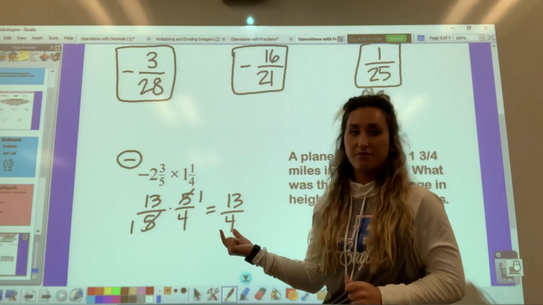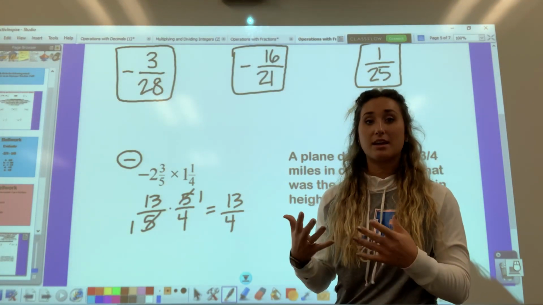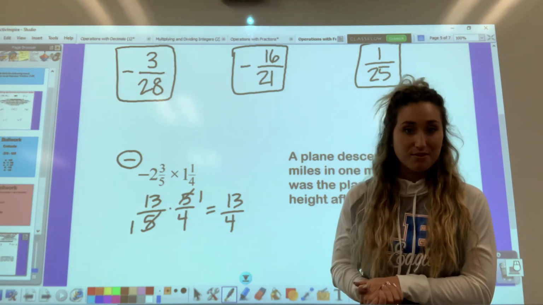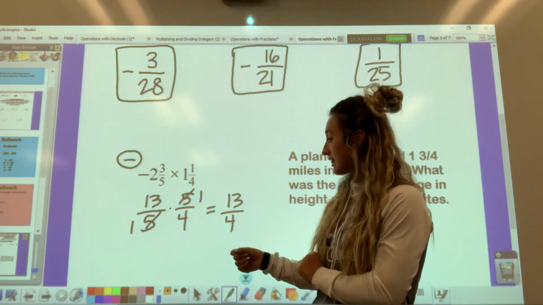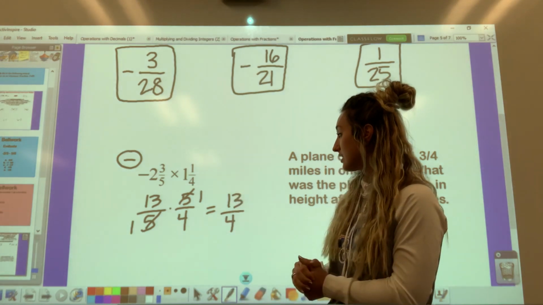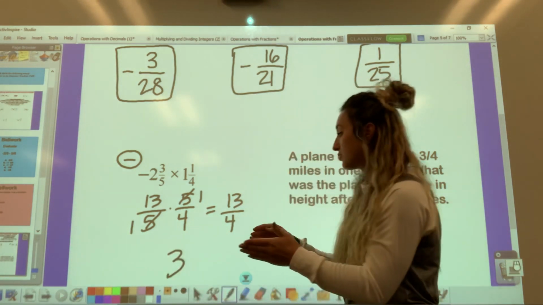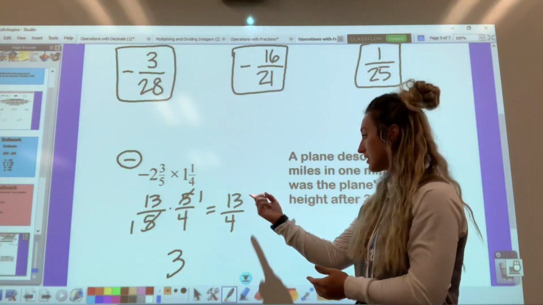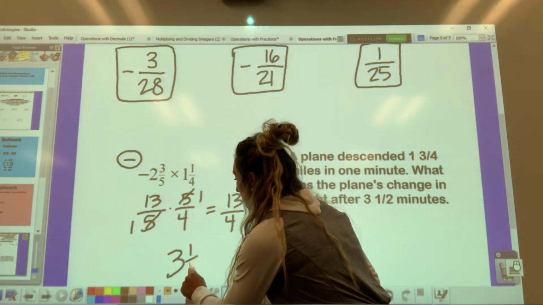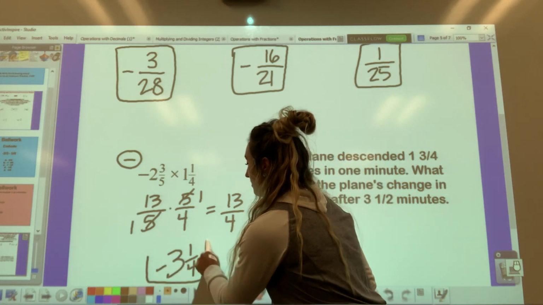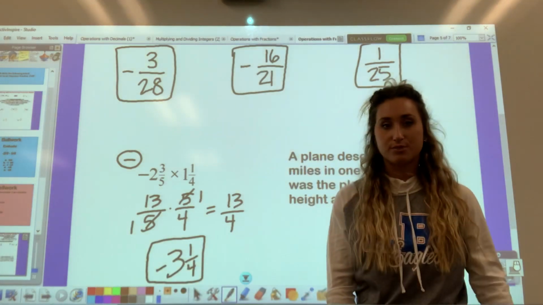So we get 13/4, which is our answer as an improper fraction, but I always want your answer to be in mixed number form. So to get there, 4 goes into 13 3 times. That takes you to 12, so you have 1 left over to get to 13. So negative 3 1/4 would be your final answer.